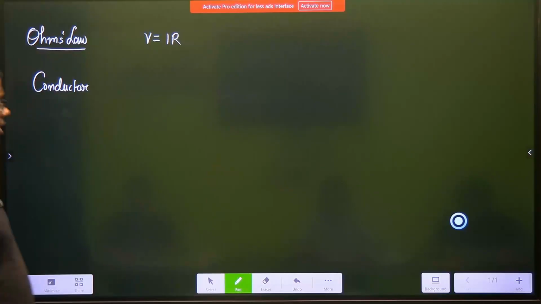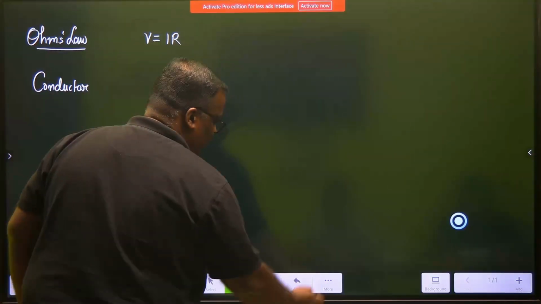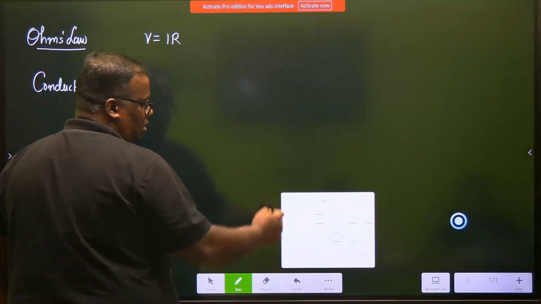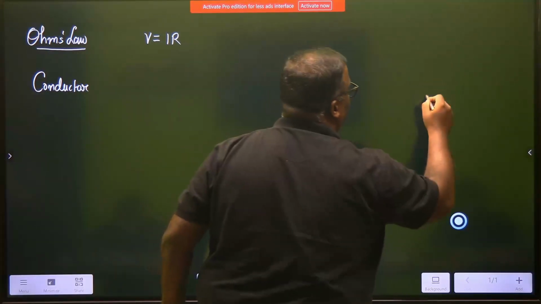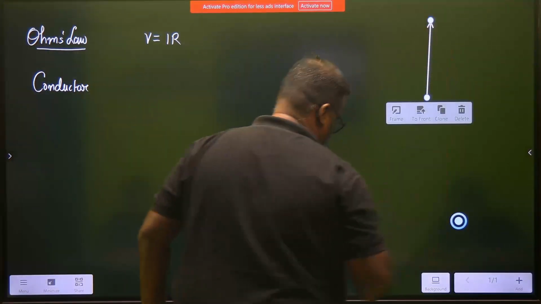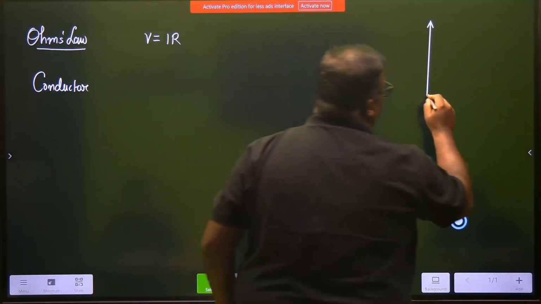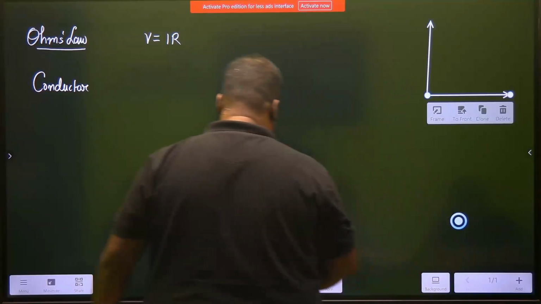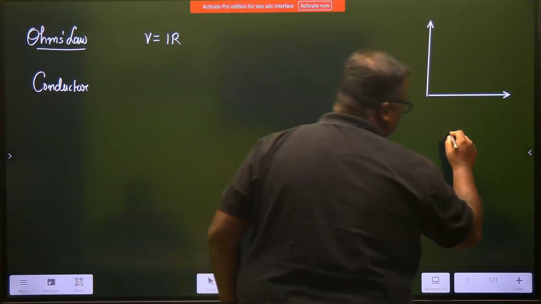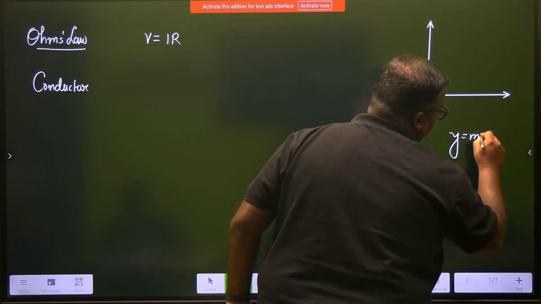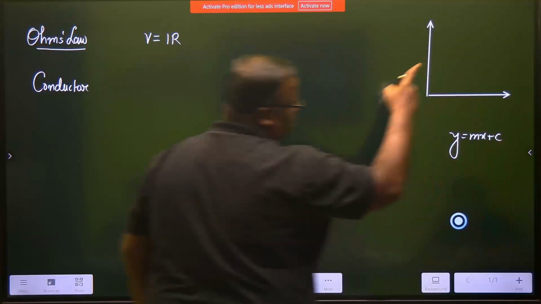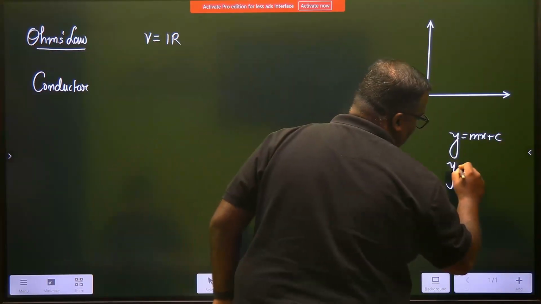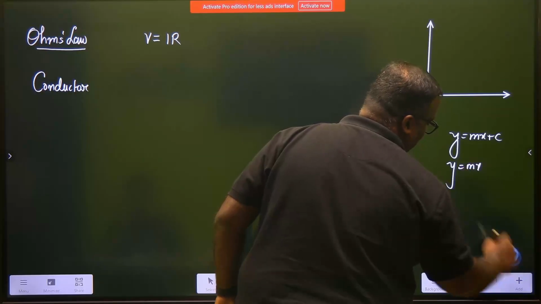If you have any doubt, it's something like this. Always remember the equation of a straight line is given by y = mx + c. And if the line passes through the origin, then the equation is y = mx. What is your equation?